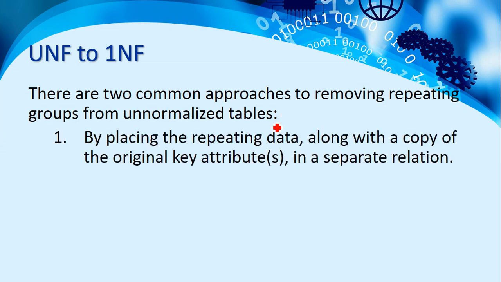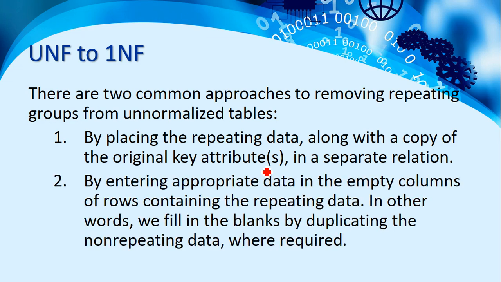First is to place the repeating data, along with a copy of the original key attribute, in a separate relation. The other approach is to enter the appropriate data in the empty columns of rows containing the repeating data. In other words, we fill in the blanks by duplicating the non-repeating data where required.